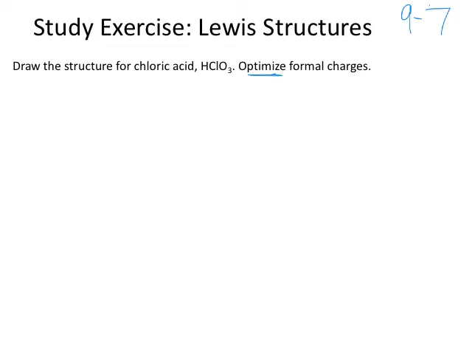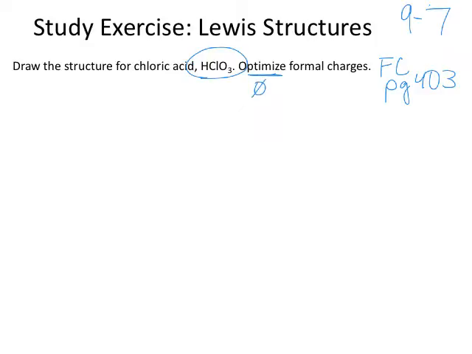When it talks about optimizing formal charges, there are the formal charge rules, and those rules are on page 403. Basically those rules state that the sum of all formal charges in a neutral molecule must equal 0. So this molecule, unlike that last molecule where we had ammonium, has to sum up to 0.